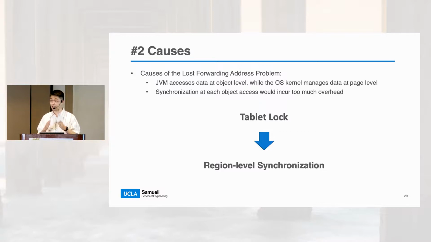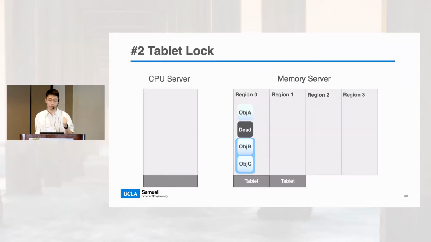When the memory server is evacuating a region, the corresponding tablet will be locked. Access to that region on the CPU server is then also blocked. After the evacuation is done, the lock will be released, then the access can continue. As for objects accessed before their region is evacuated, they are directly moved by mutators on the CPU server and will not be blocked. Let's take a look at an example.